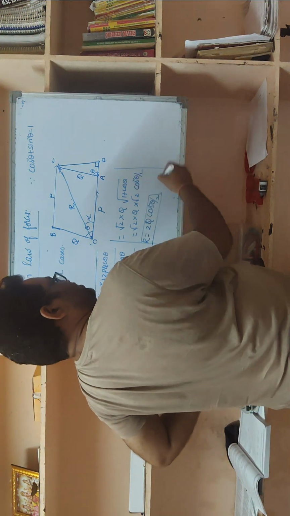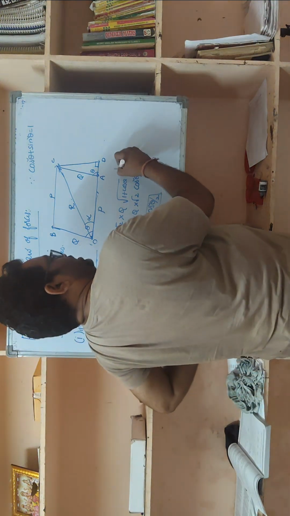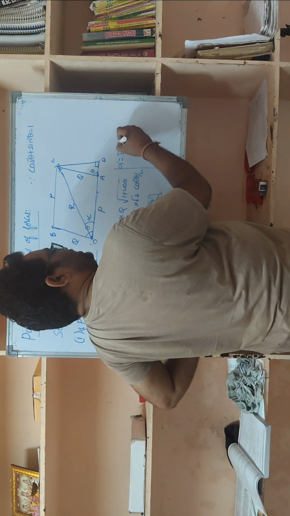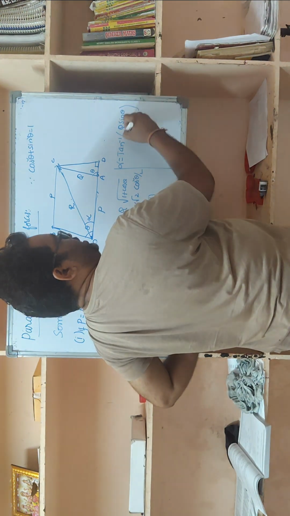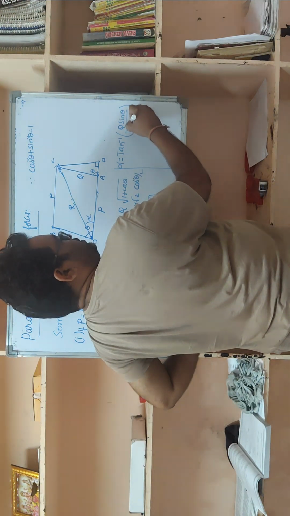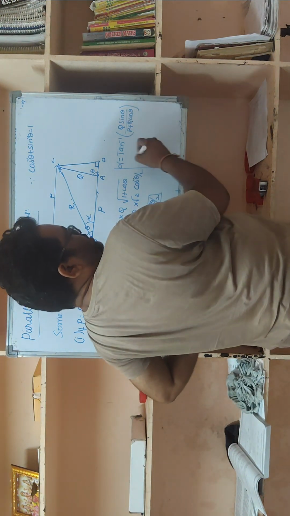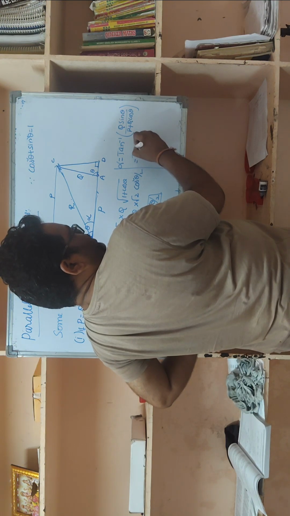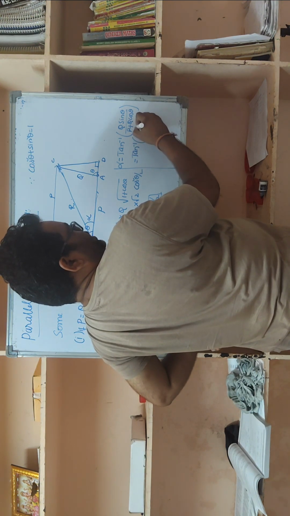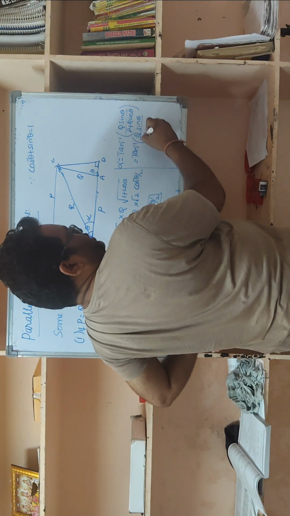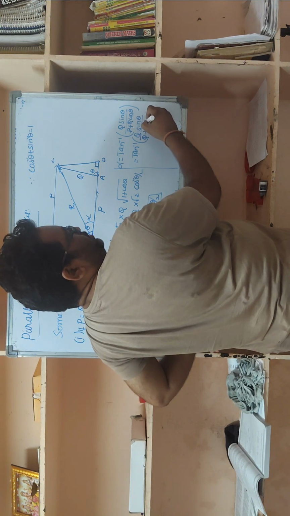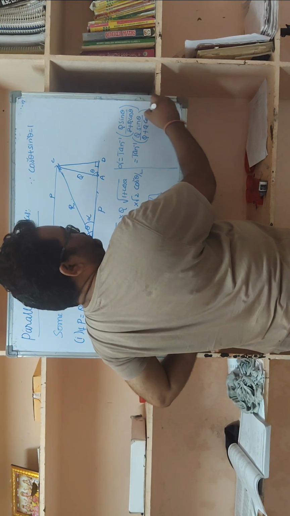And the angle alpha is equal to tan inverse of Q sin theta by P plus Q cos theta. So here, tan inverse of Q sin theta by, in place of P, we write Q, plus Q cos theta.